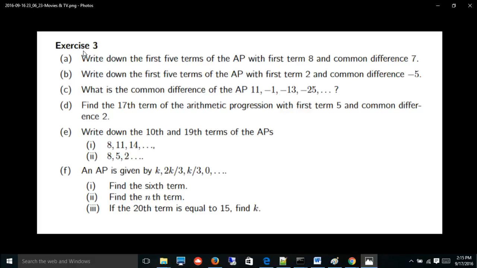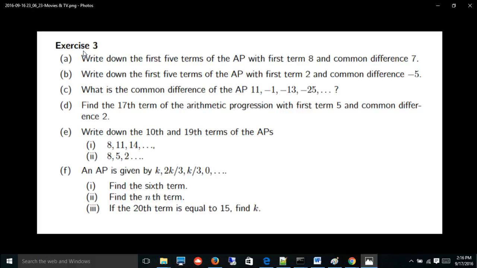What is the answer they are looking for and what have they given? It is given the first term as 8 and the common difference as 7, and it is looking for the first 5 terms of the arithmetic progression.